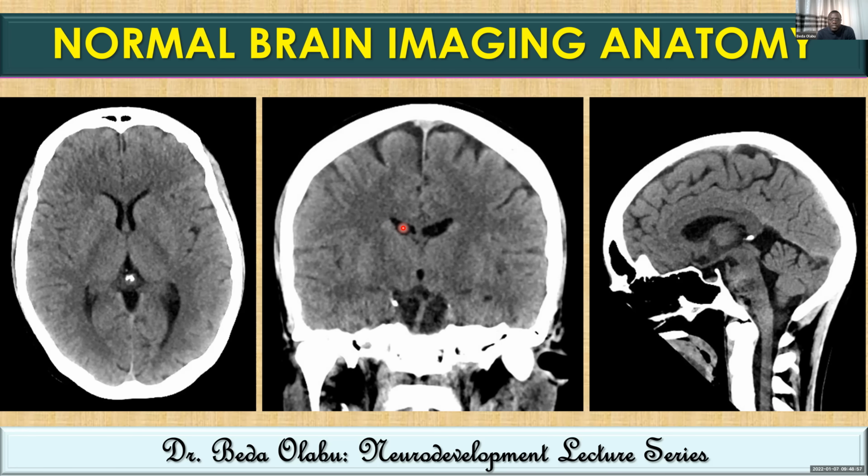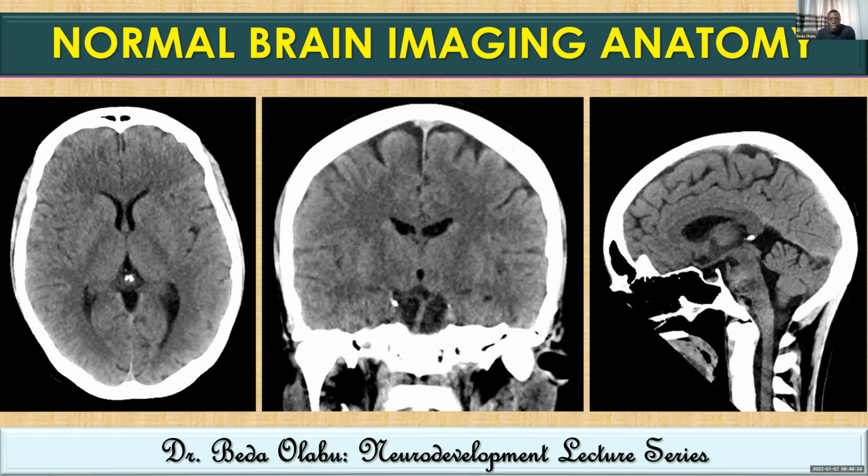But the most striking thing in this image is that the bone is very bright. When you see bone very bright, that is CT scan. So this is axial CT, this is coronal CT, and this is sagittal CT of the brain. This is CT scan. We also use CT scan sometimes to study the brain for other reasons.